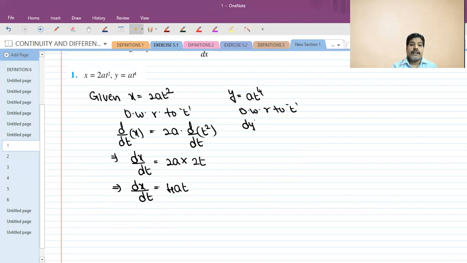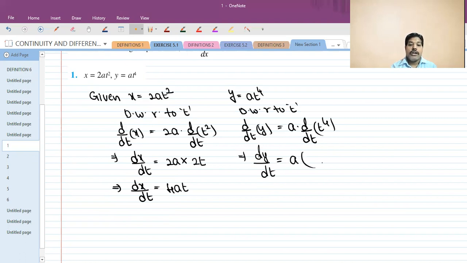The derivative of y: a is a constant, so we take the derivative of t power 4. So the derivative of y is nothing but dy by dt is equal to a into the derivative of t power 4.